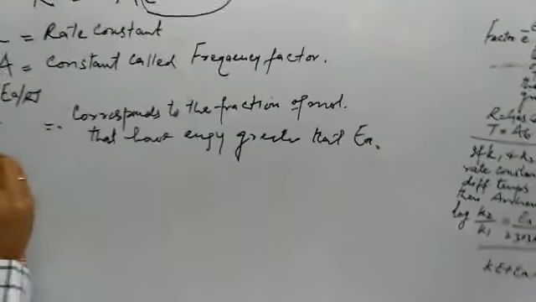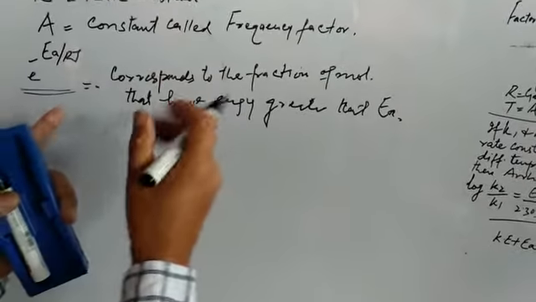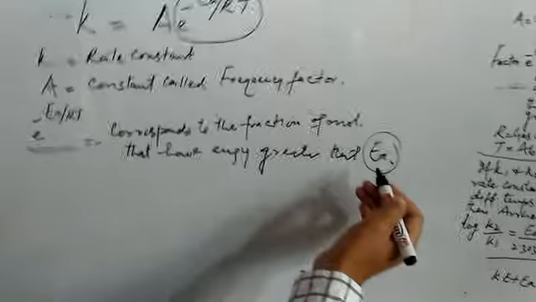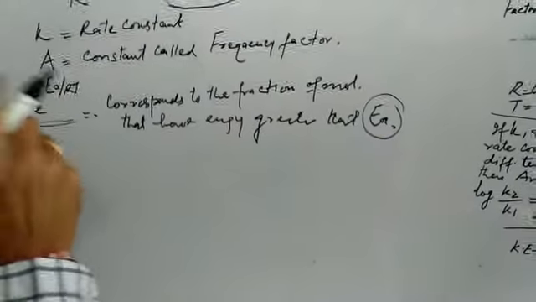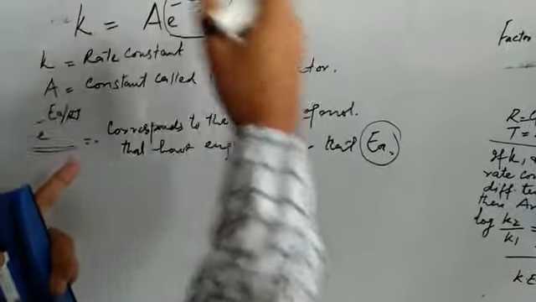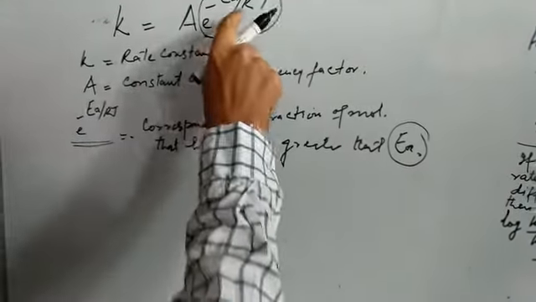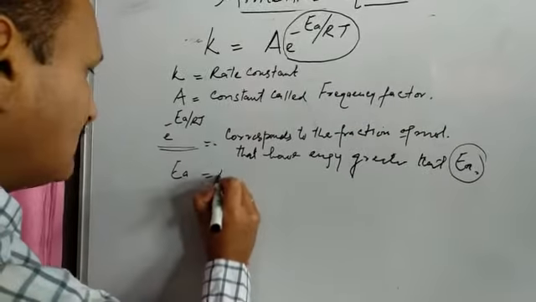This is the amount of energy that reacting molecules must have so that the energy becomes equal to threshold energy and a reaction takes place. Then we have Ea, which is the activation energy.